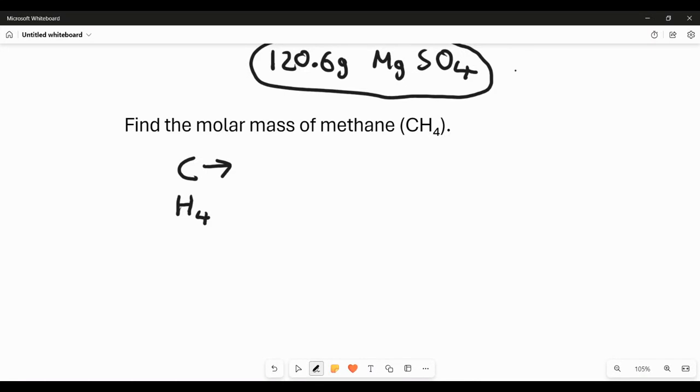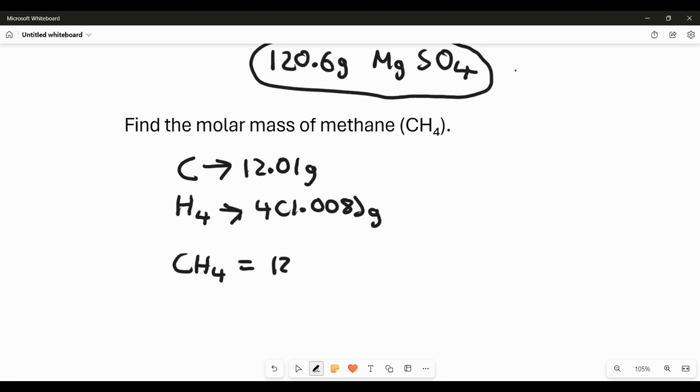So off of the periodic table, you can get for carbon that the molar mass is 12.01 grams, and for hydrogen, you can get that it is 4 times 1.008 grams. Now the total molar mass of CH4 equals 12.01 plus 4 times 1.008.